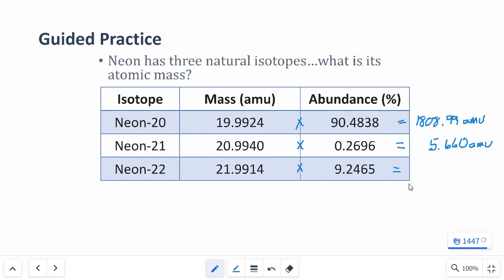21.9914 times 9.2465, to 5 significant figures, would be 203.34 AMU.